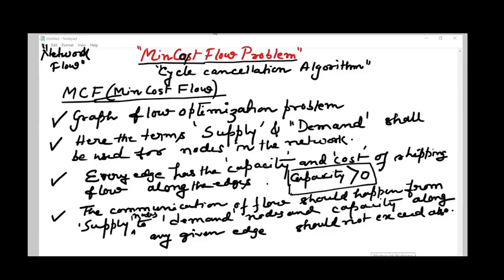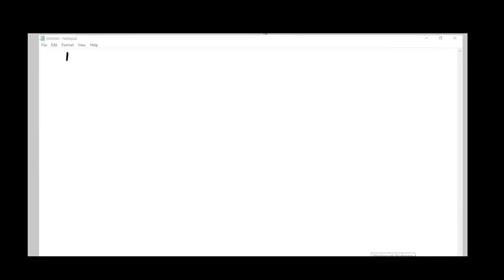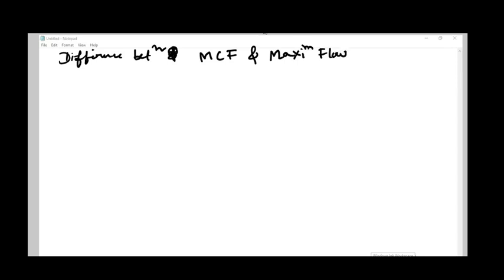Now, the difference between the min cost flow problem and the maximum flow problem. The maximum flow problem, Ford Fulkerson, you already know.